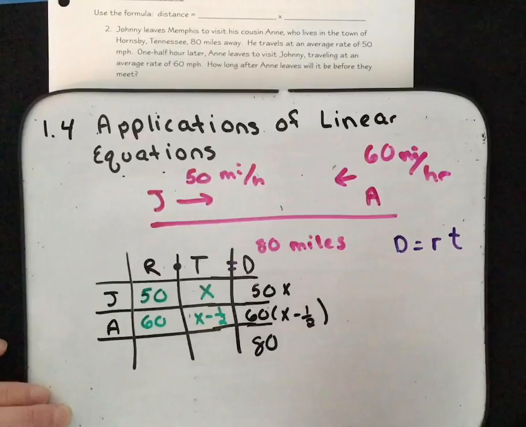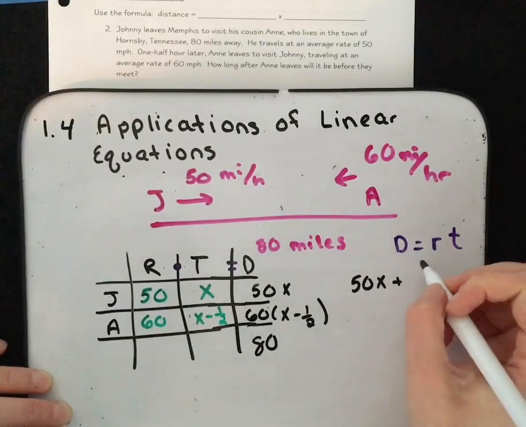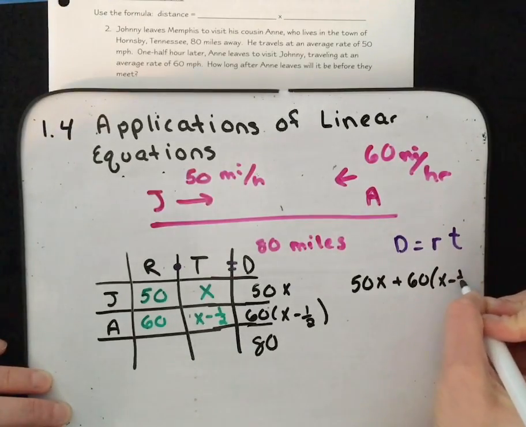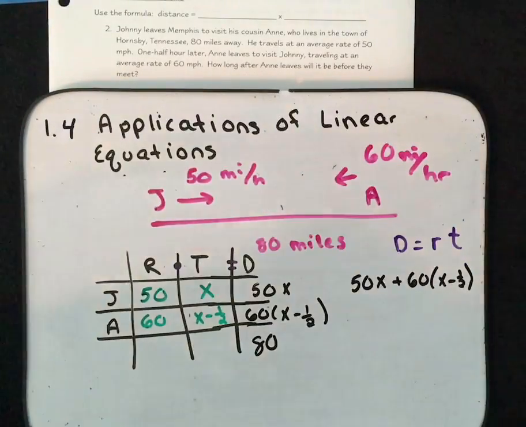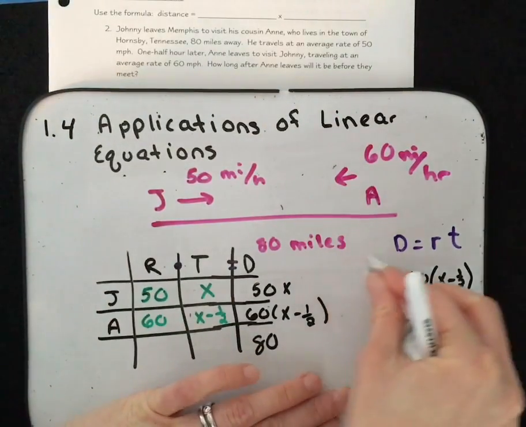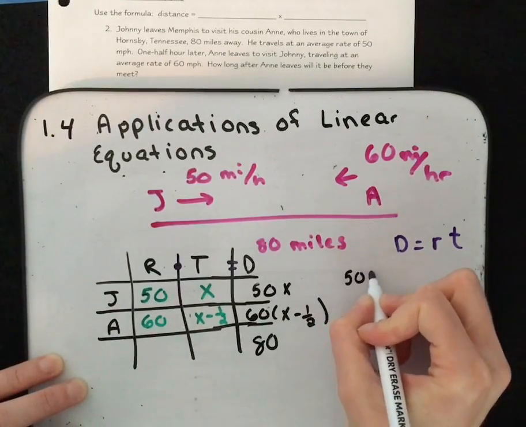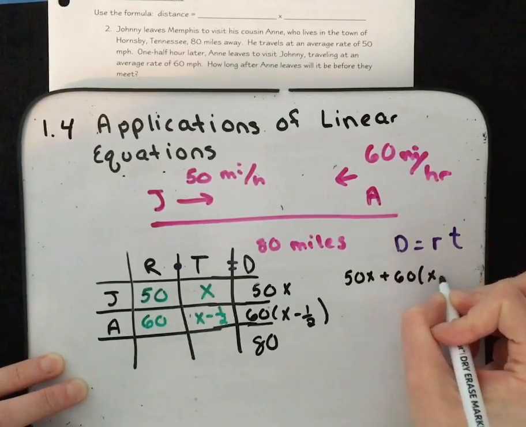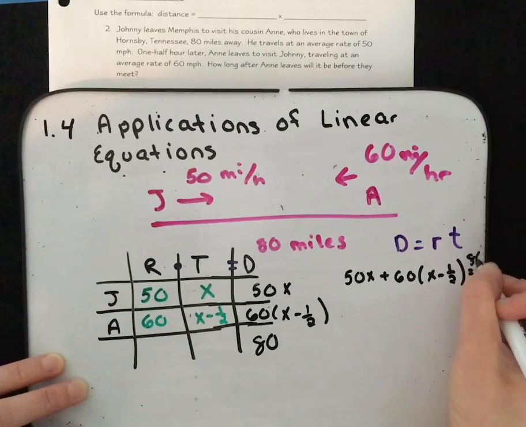So let's put this all together. We know that 50x plus 60 times (x minus 1/2) equals 80.